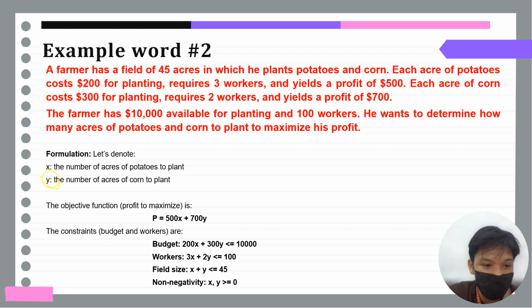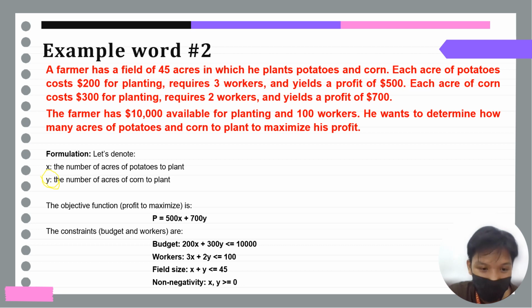The constraints are the budget and workers. Budget is 200x plus 300y less than or equal to 10,000.